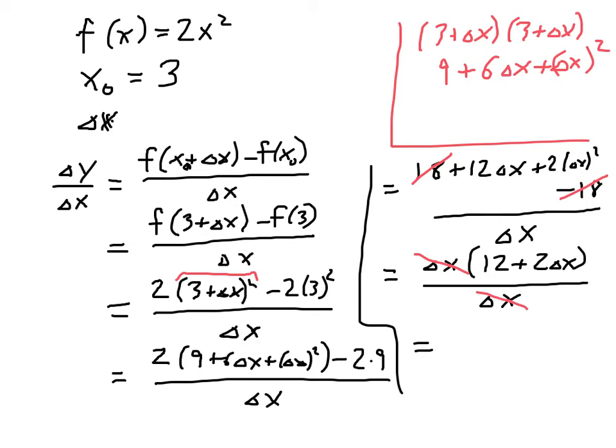So the average velocity is given by 12 plus 2 times delta x, no matter what delta x equals. So for example, in the first example we did last time, we had delta x equals 1, and we got an average velocity of 14. And notice that that's exactly what we get if we substitute in delta x equals 1 here.